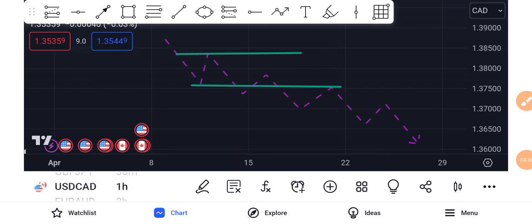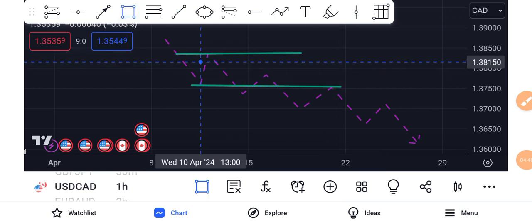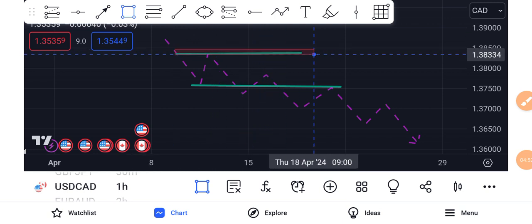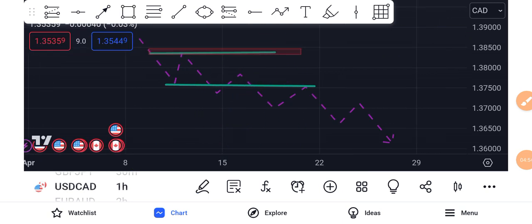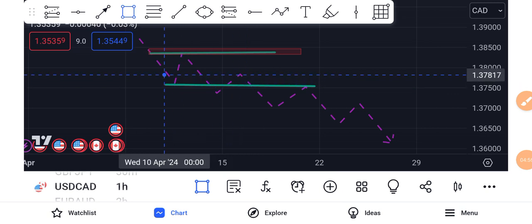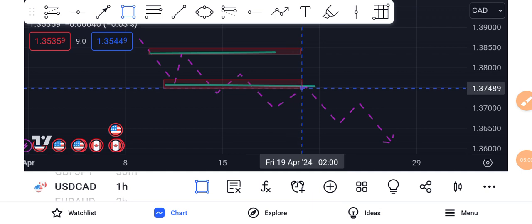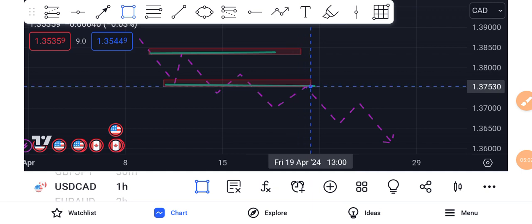Okay, actually it's always advisable to draw it in zones. Consider them zones, because the price might touch the zone and not actually a line. Now you realize that this is a downtrend.